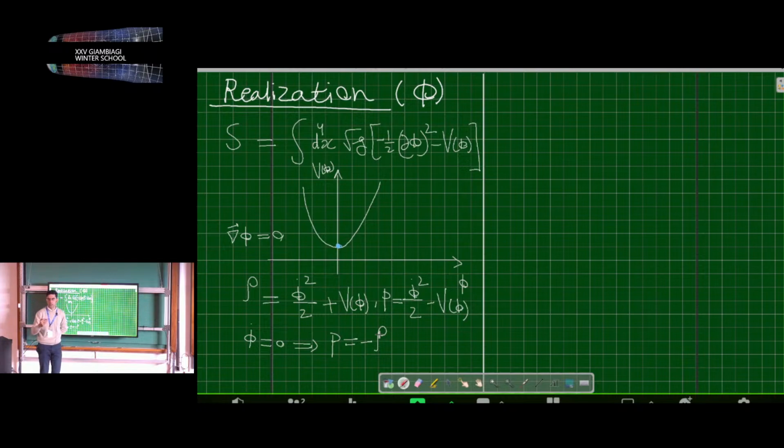It's degenerate with a cosmological constant. So the scalar field sitting at its minimum is equivalent to just having a cosmological constant. This was actually one of the first proposals for having inflation, by Alan Guth. It's called old inflation.